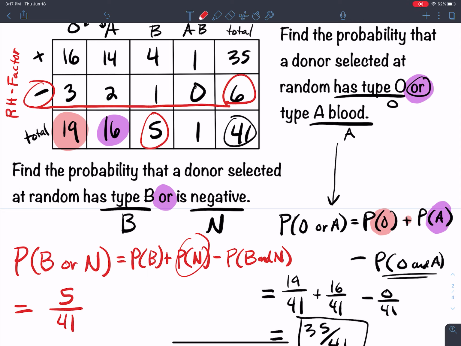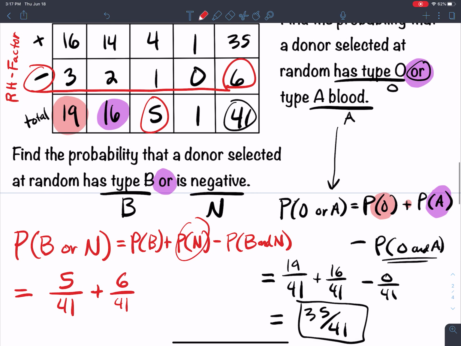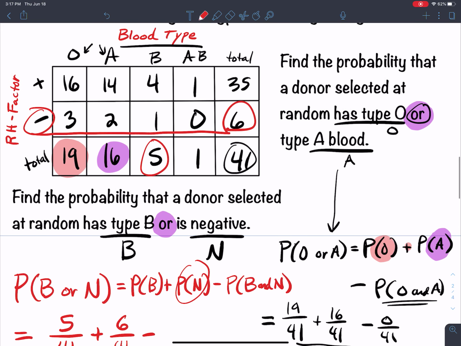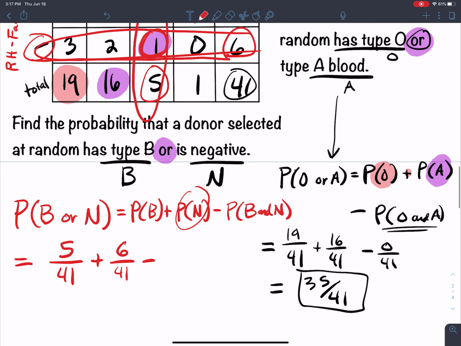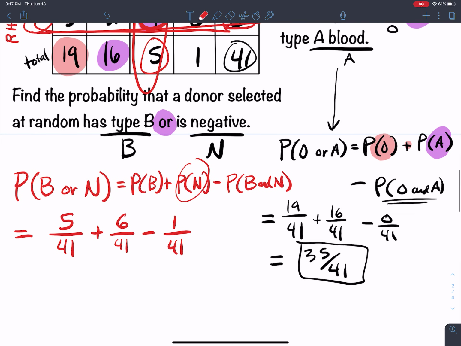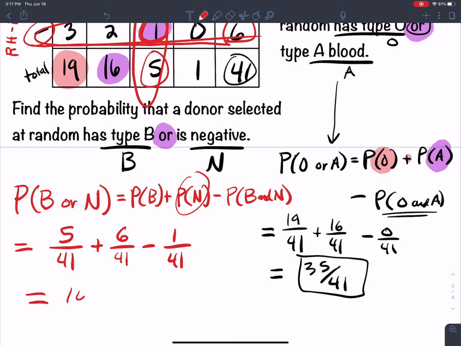It looks like there's 6 negative total, so that's 6 out of 41. And then subtract, negative people in type B who are both negative and type B. There's only one person that is negative in type B. So that's 1 out of 41. And so what does this equal? This is 10 out of 41.